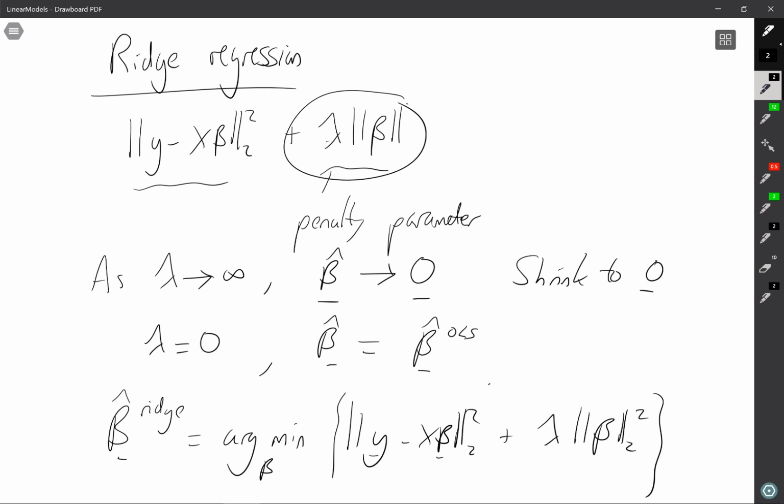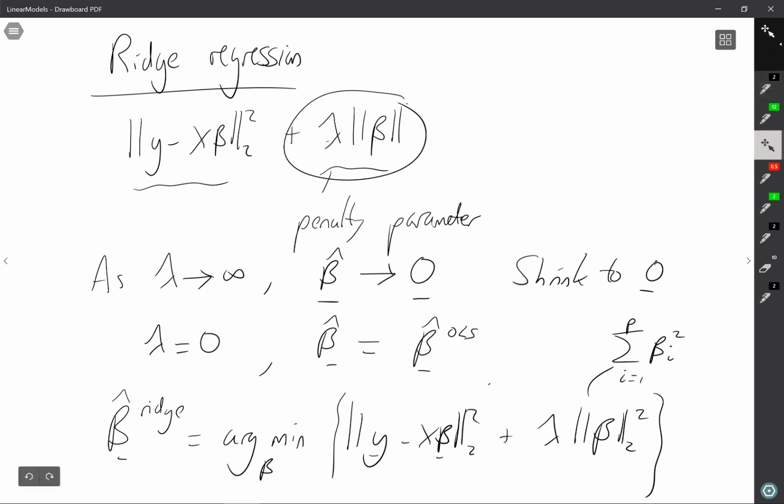This is the sum of beta i squared, i equals 1 up to p, the L2 norm of the parameters. So the value of beta that minimizes that is called ridge regression.